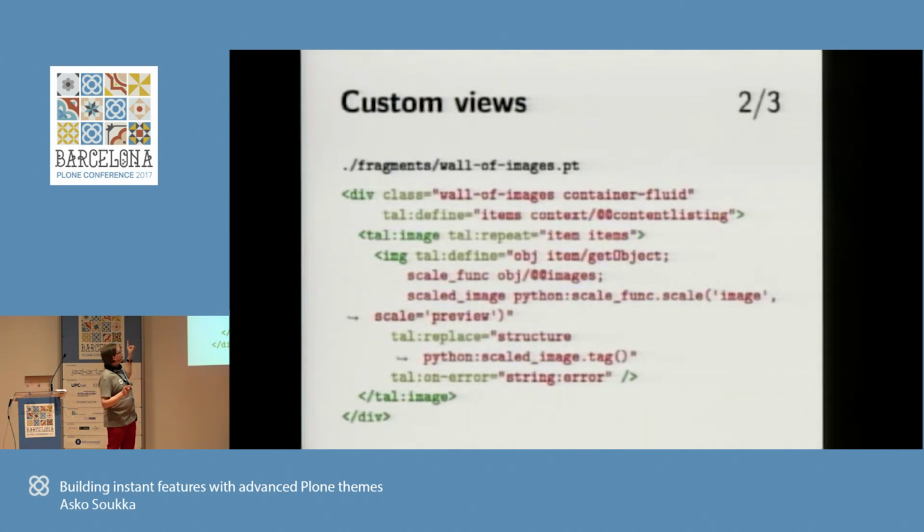There's one tip here, which is the content listings. That's one of these many through-the-web APIs. There's a package called plone.app.contentlisting, and it's documented in that package's README file on PyPI. It allows easy access to the content of the folder. That makes it easy to iterate all the items and render them.